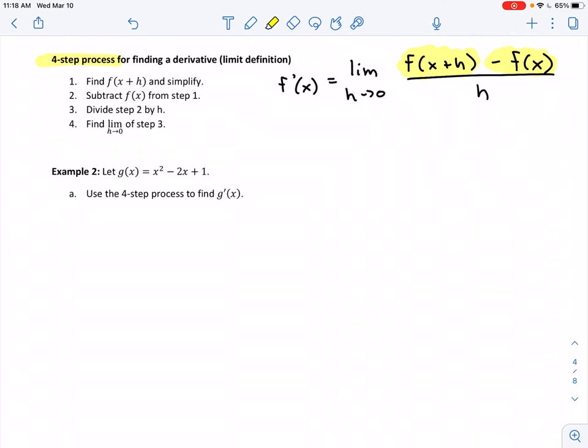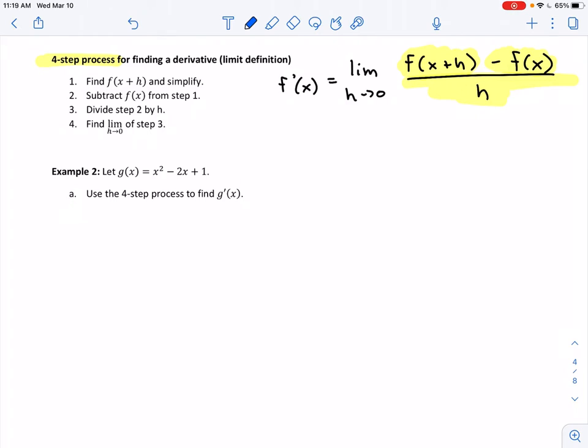Again, you'll end up at a point where there's nothing more you can do to simplify it, so we move on to step 3. Step 3 says, now take what you found and divide it by h. So take what you found in step 2, divide that by h. And once again, you'll try and simplify that as much as you can.